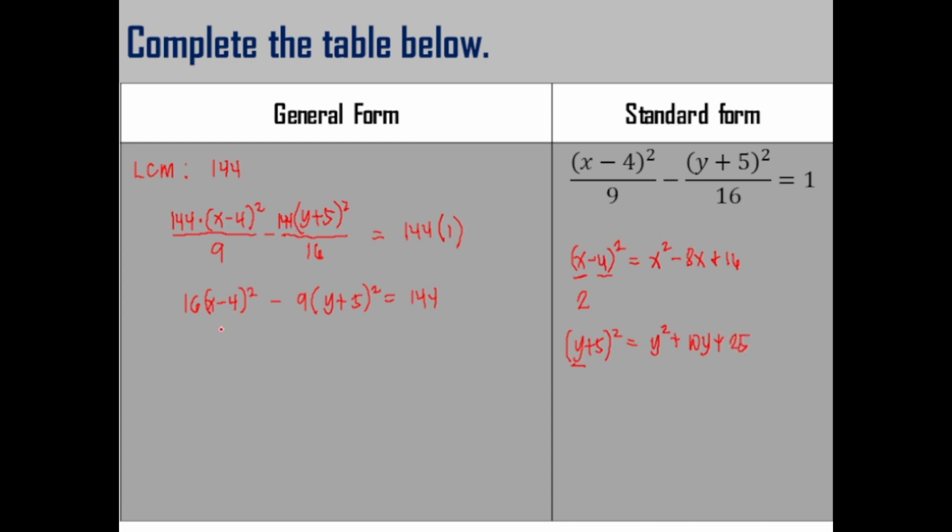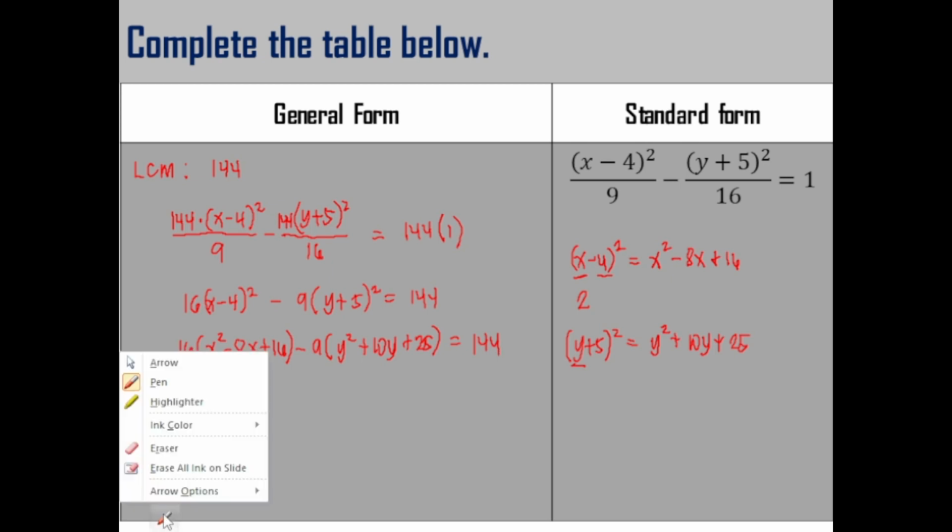So we put the expanded forms here: 16 times (x squared minus 8x plus 16) minus 9 times (y squared plus 10y plus 25) equal to 144.